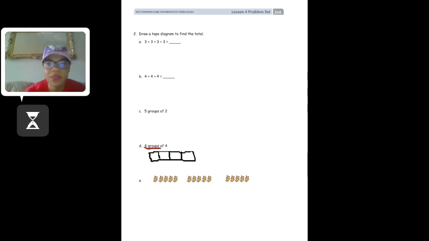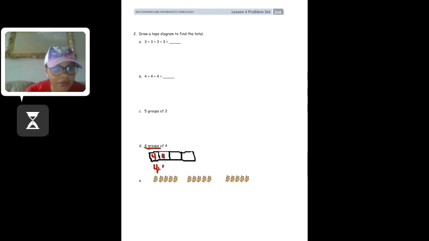So let me grab my red pencil, and I'm going to put the number 4 inside of my first group, because we have 4 groups of 4, and then I'm going to do my repeated addition equation right below it so we can add it all up to find a total. So then I'm going to put 4 below, and then we're going to add how much more? 4 again, so I'm going to put 4 inside of my tape diagram.